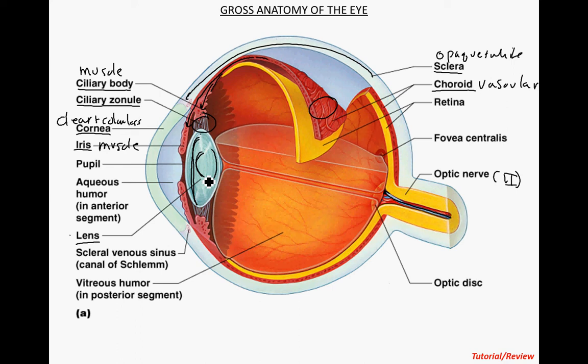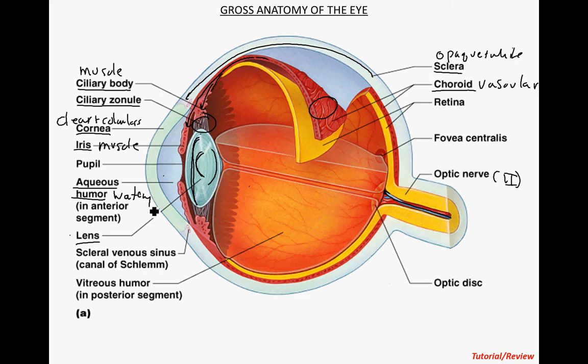So while we're up here at this anterior end of the eye, let's say that this lens is actually separating two chambers of the eye. The anterior compartment contains fluid, and the posterior compartment, or posterior segment, contains a fluid as well. Let's talk about the anterior one right now. The fluid that's in there is called aqueous humor, and it is very watery.